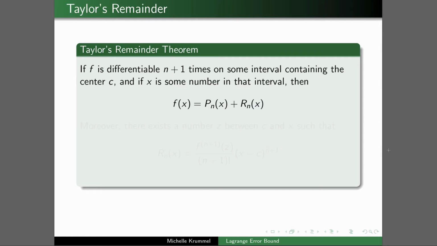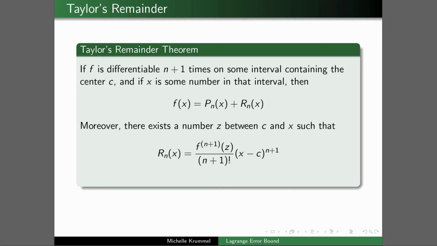Taylor's remainder theorem tells us if f is differentiable n plus 1 times on some interval containing the center c, and if x is some number in that interval, then the function f of x is equal to the value of the Taylor polynomial plus the value of the remainder. Furthermore, it tells us that there exists some number z between the center c and the value x, where we're trying to make an approximation, such that the following is true.